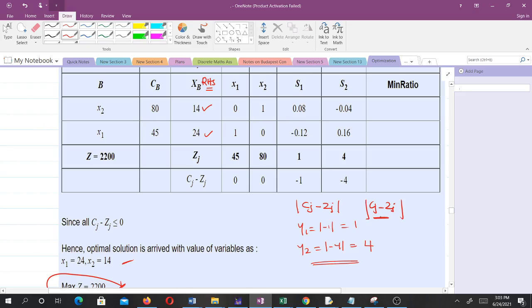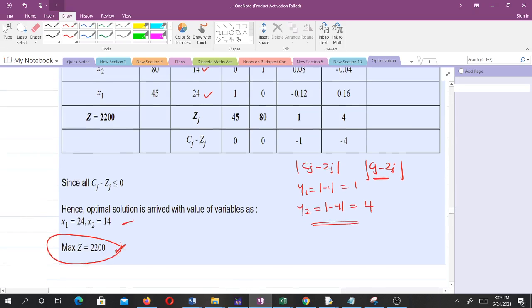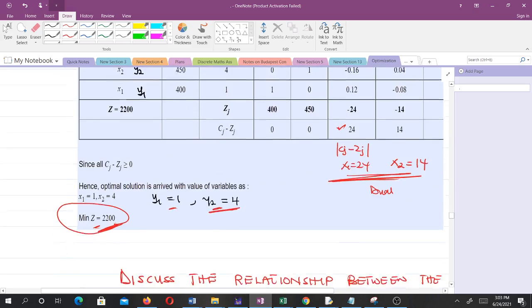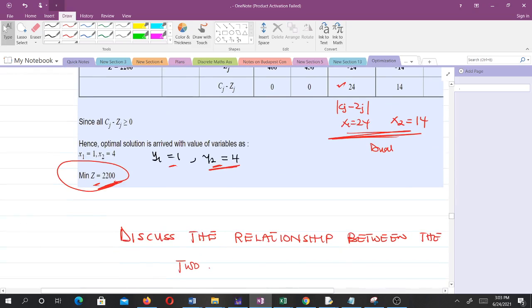Those are the values that are going to correspond to your y1, y2, y3 to yn. So there's a relationship between the two. When you have the table for the primal, you can get the solution for the dual. The same way, if you have the table for the dual, you can get the solution to the primal.